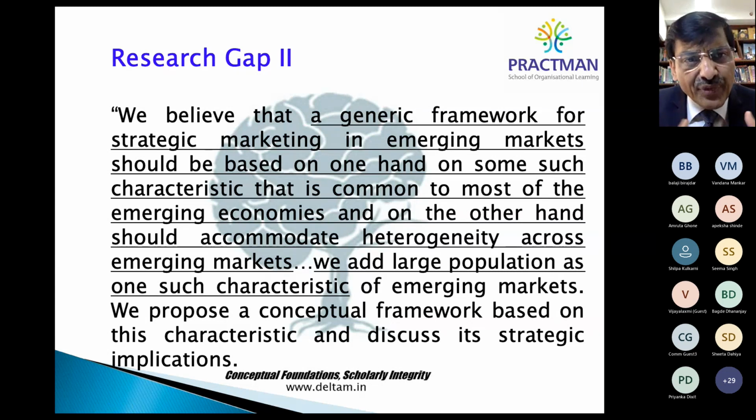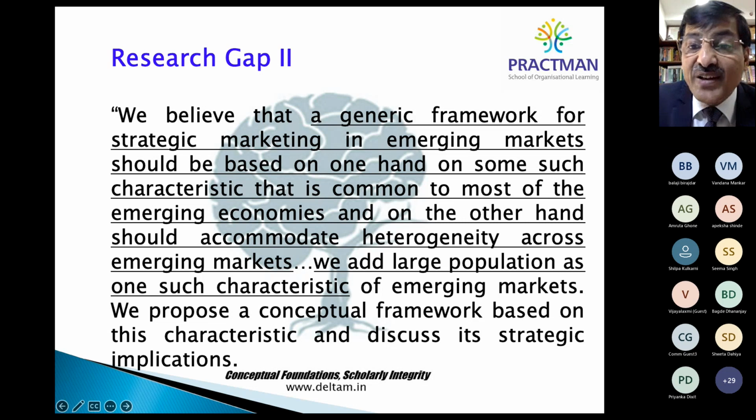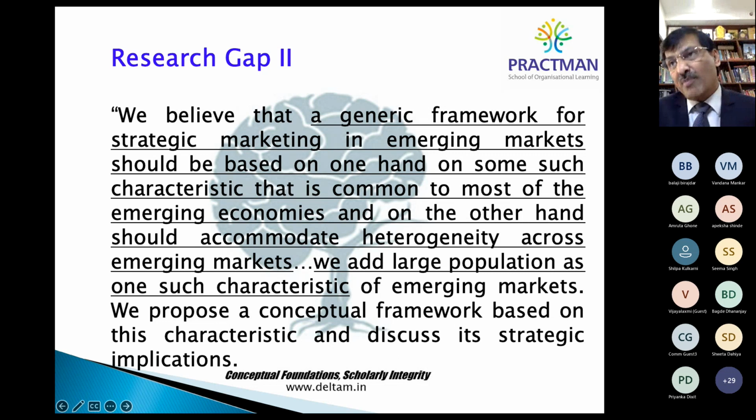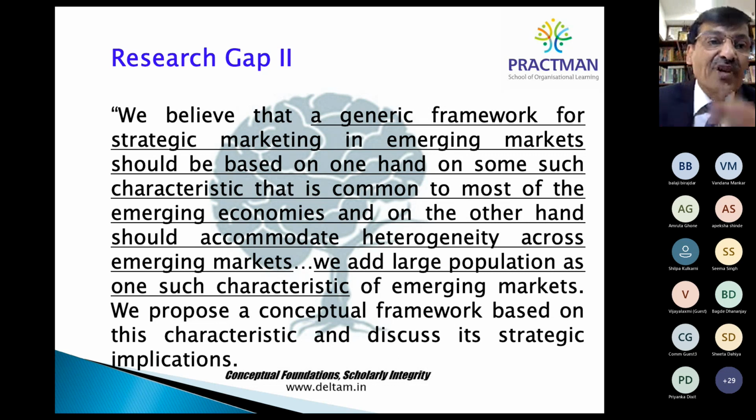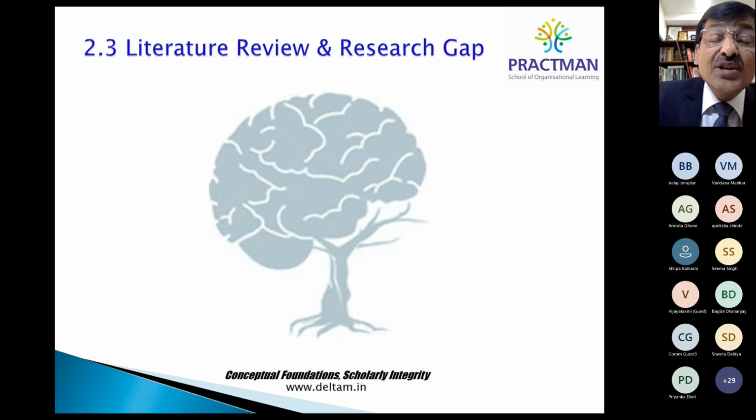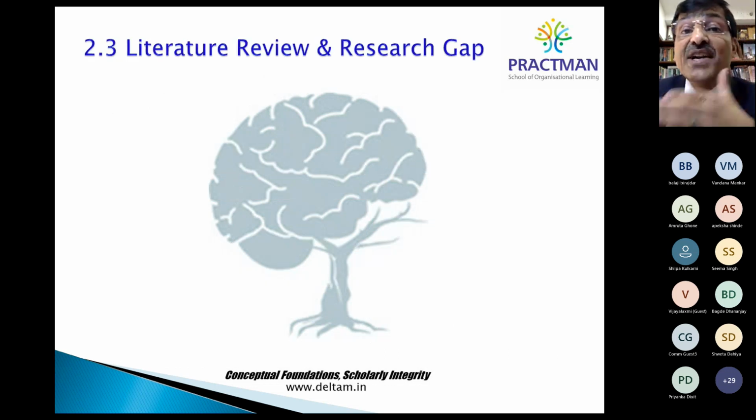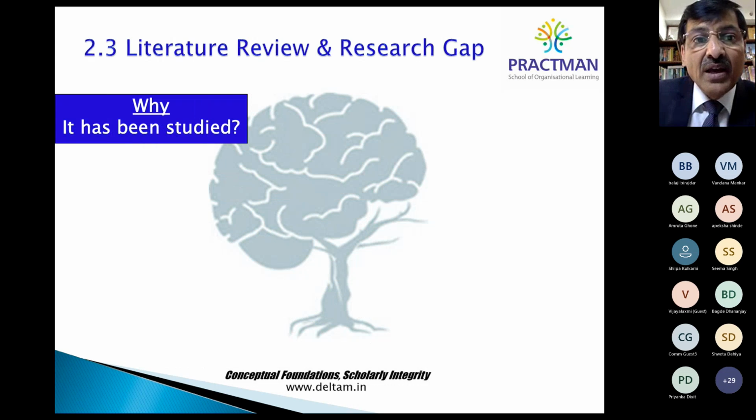There are different reasons for heterogeneity. One reason which we picked up in our research paper was a large population as one such characteristic of emerging markets, which is common, and yet it adds some different flavors to different markets, right? So this is how you need to do literature review and identify the research gap.